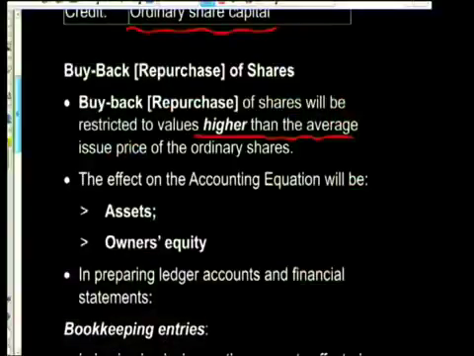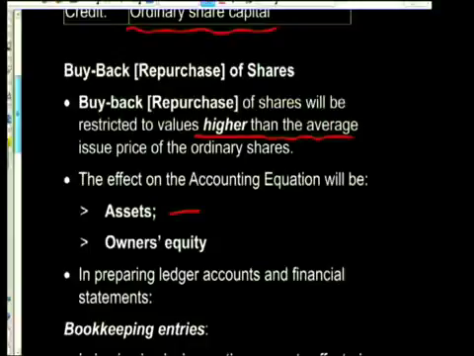What effect does this have on my accounting equation? Watch. My assets will decrease. Why? Because my bank account is an asset. We're assuming it's favorable. It will decrease in value, therefore will be credited. And my owner's equity will also decrease.